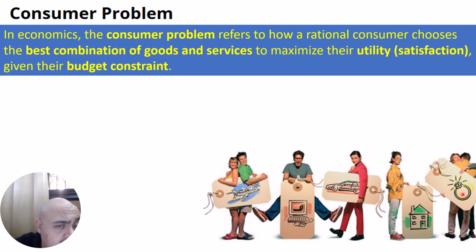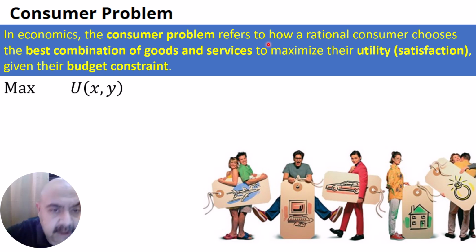In economics, the consumer problem refers to how a rational consumer chooses the best combination of goods and services to maximize their utility, their satisfaction, given their budget constraint. They have limitations on their budgets, as all of us do.